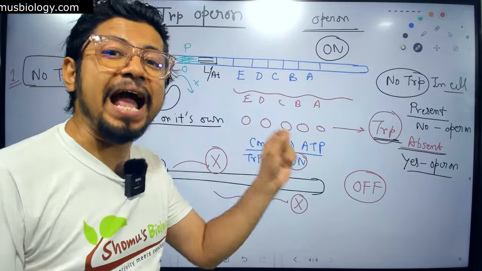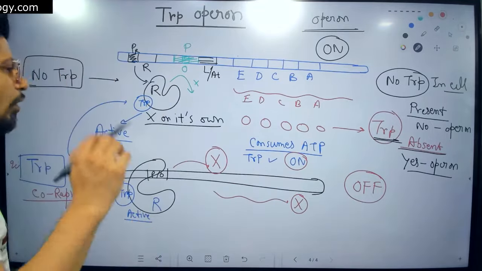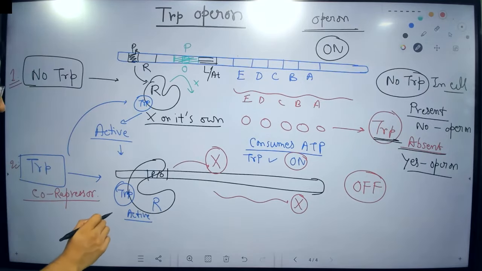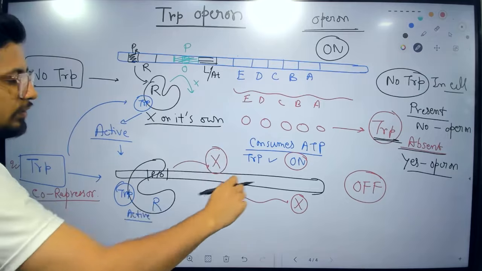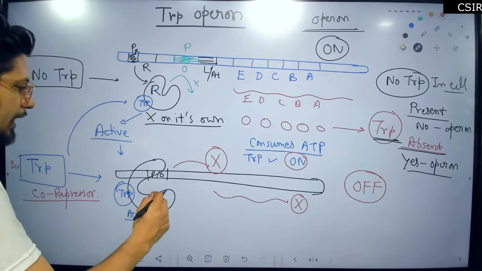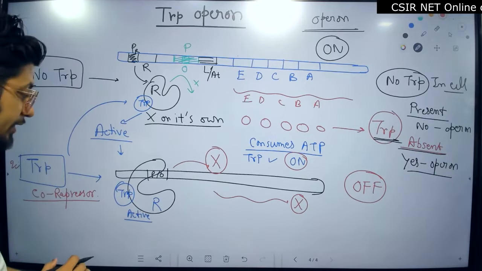And this might happen, and this really happens. There are situations in the cell when although the tryptophan is present, it still fails to shut down the transcription of the structural genes. Somehow RNA polymerase can still bind to the promoter and can initiate the transcription process.